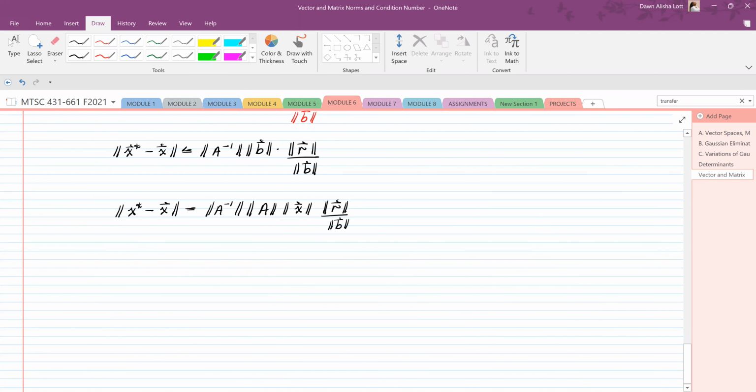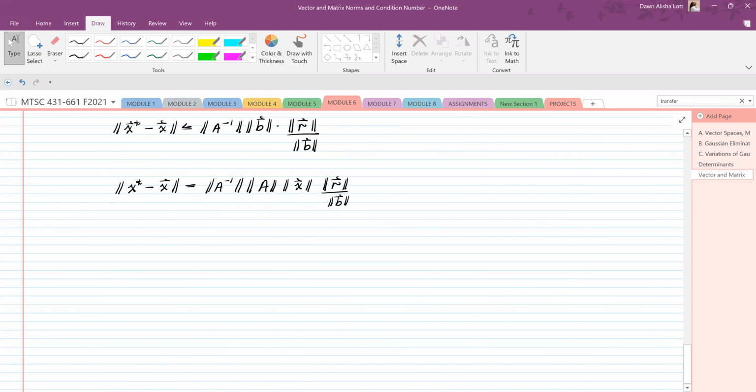So now I'm going to divide both sides by x. And when I do that, this is the relative error in my solution.